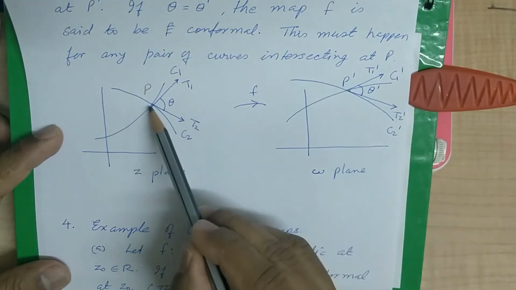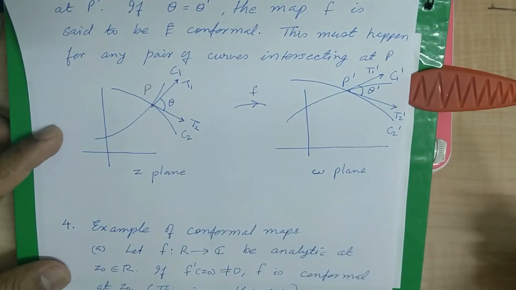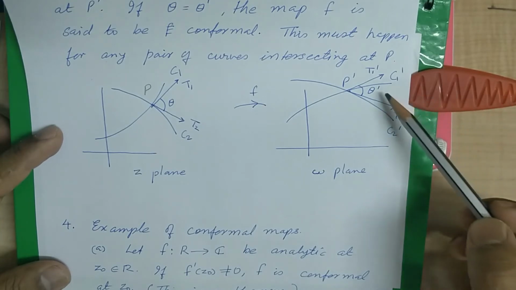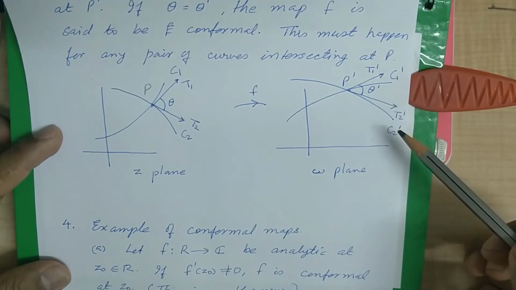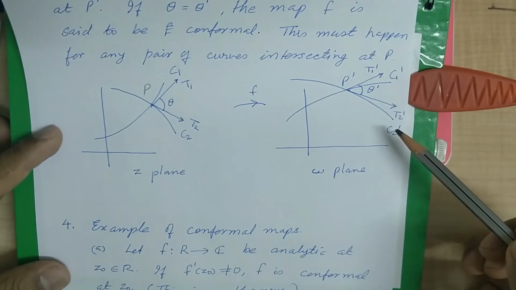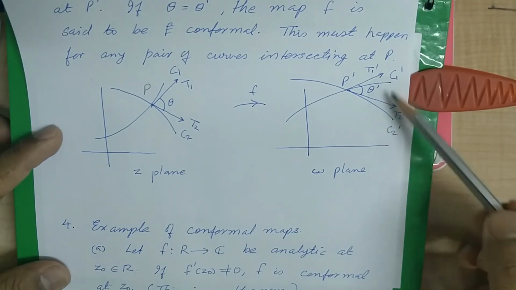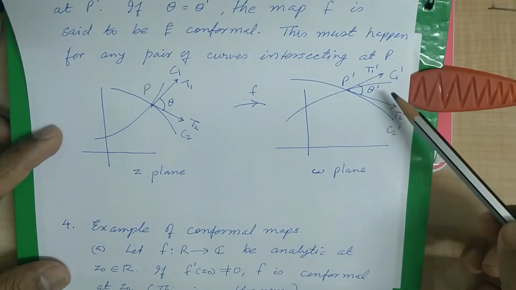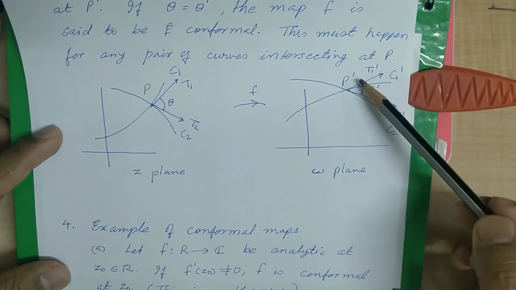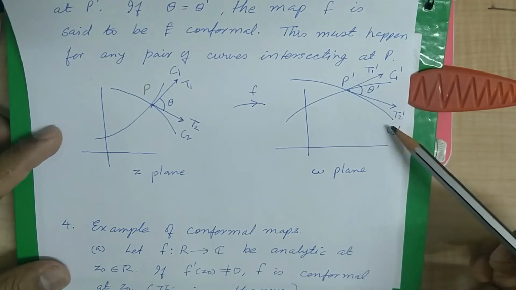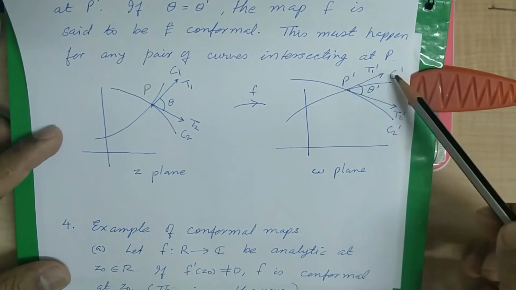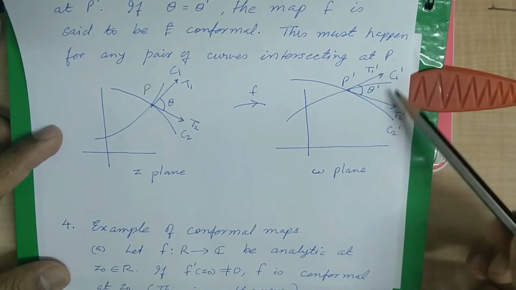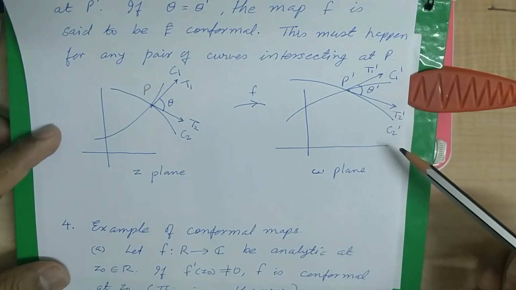P dash is the image of P. There will be some angle theta dash between the two curves C1 dash and C2 dash. So what is the angle between C1 dash and C2 dash? It is the angle between the tangents at P dash to these two curves C1 dash and C2 dash.